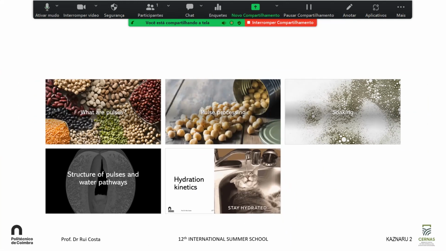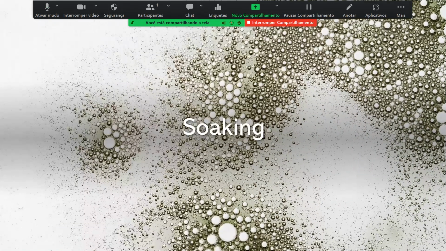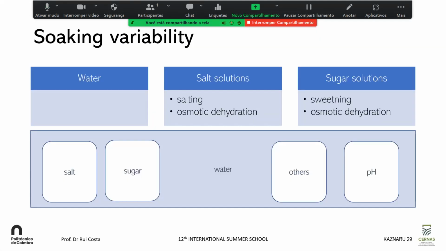Now I will give a few slides about soaking. So as you saw, soaking is the immersion of the pulse in a solution. This solution can be simply water, or it can be, for example, salt solutions. And in this case, we can have two results.